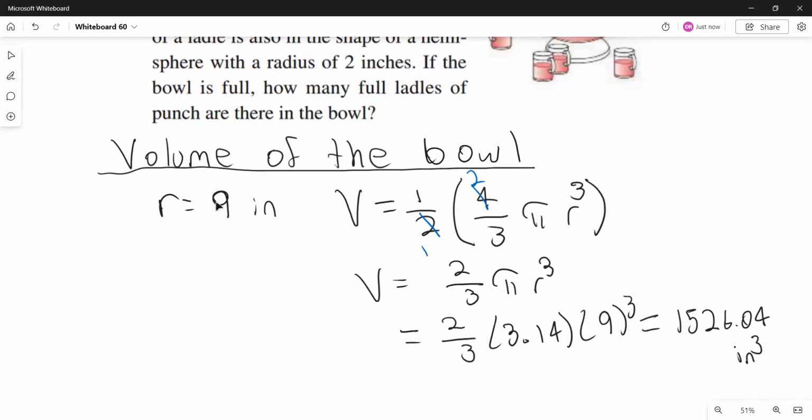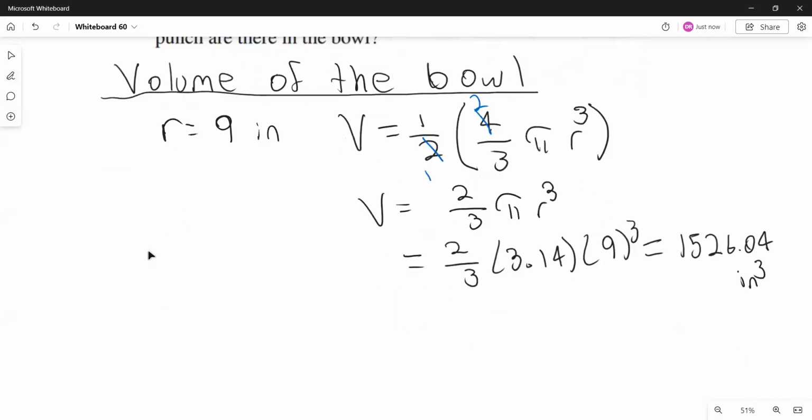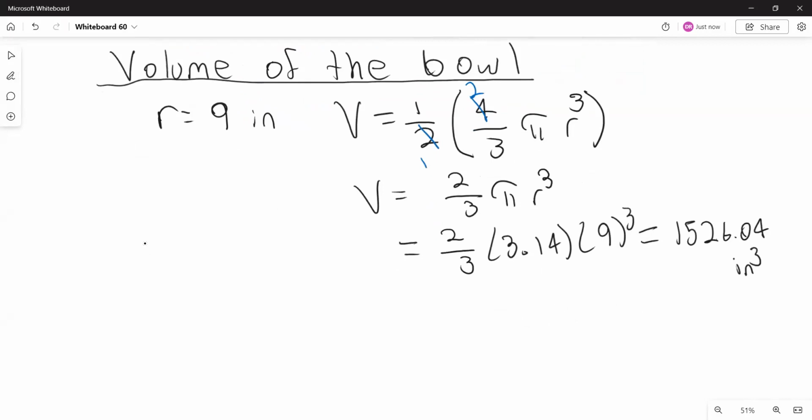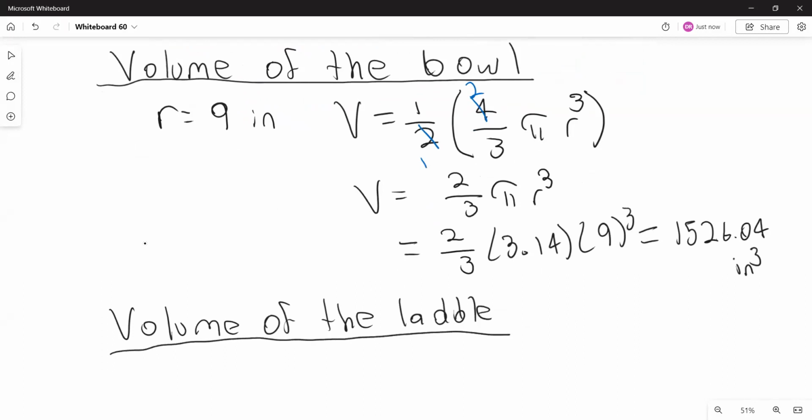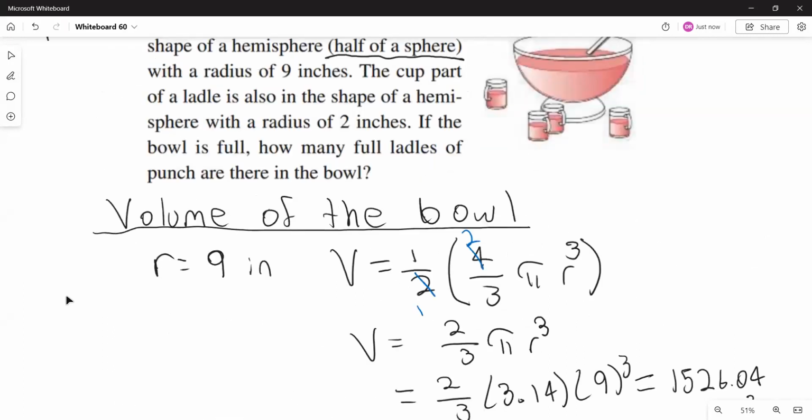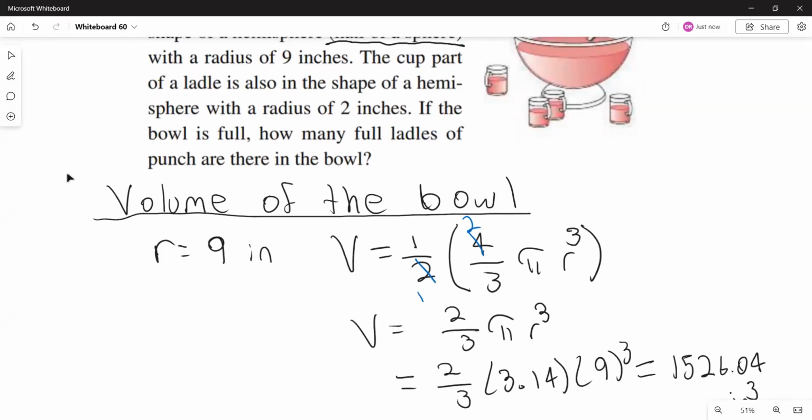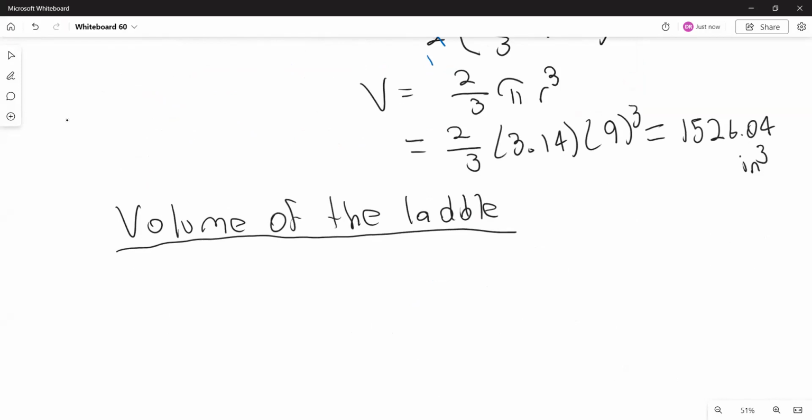And we're going to find the volume of the ladle and then take the ratio. Okay, so the cup part of the ladle is also in the shape of a hemisphere with radius of 2 inches. So that's going to be the radius.